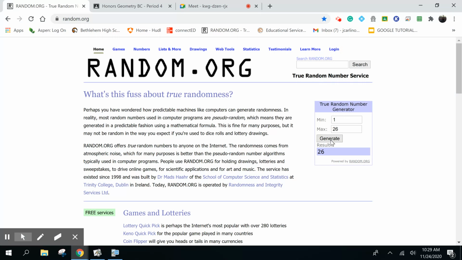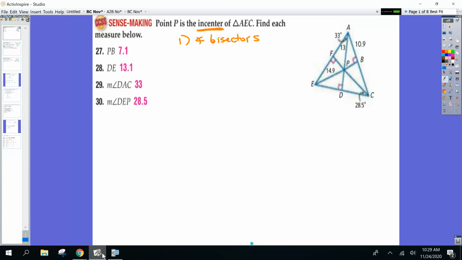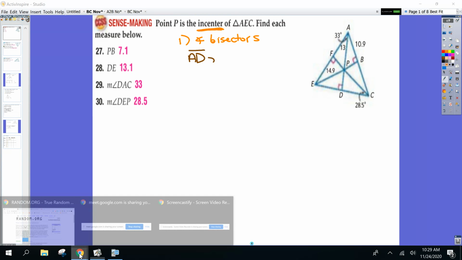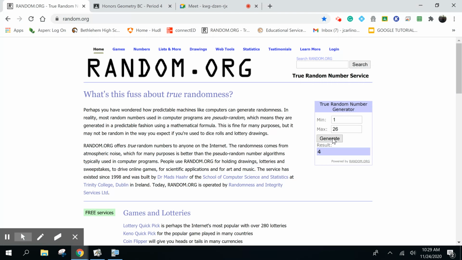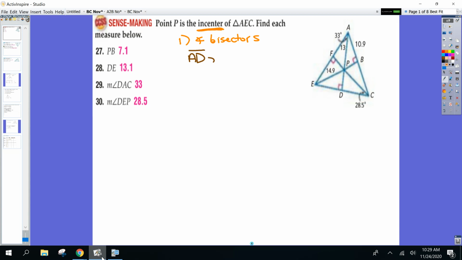Emma, can you name an angle bisector in my diagram? AP. Even more, keep going. AD. You're right with AP, I just wanted you to go a little further there. AD is an angle bisector. Here we go, kids. Name another one. Gideon, name another angle bisector.